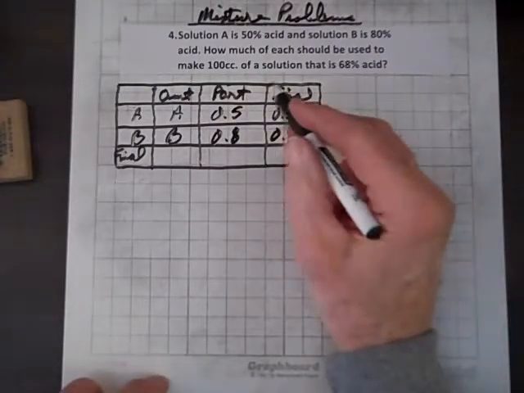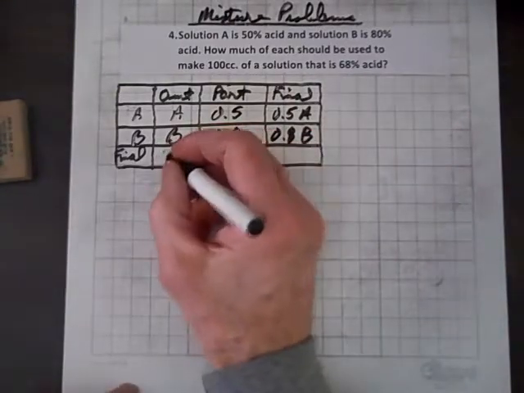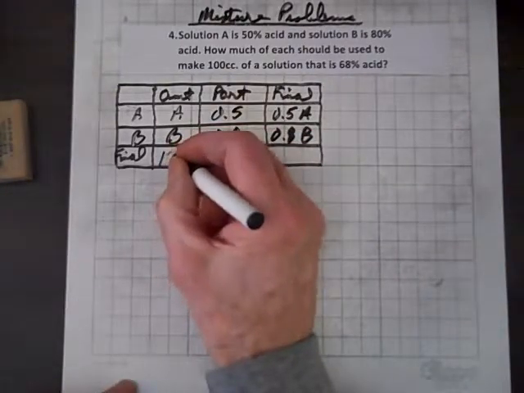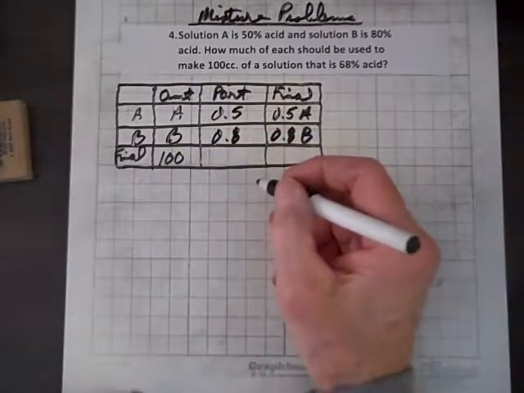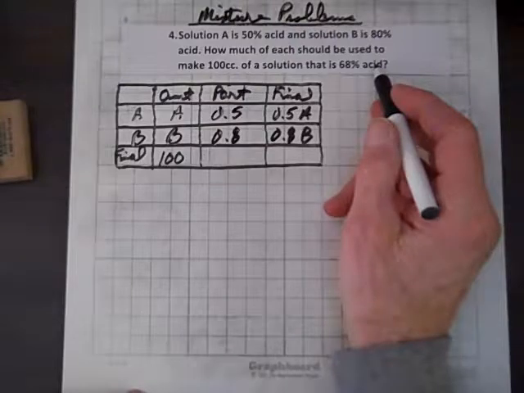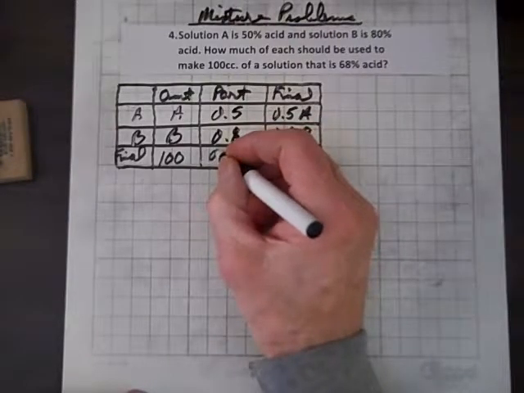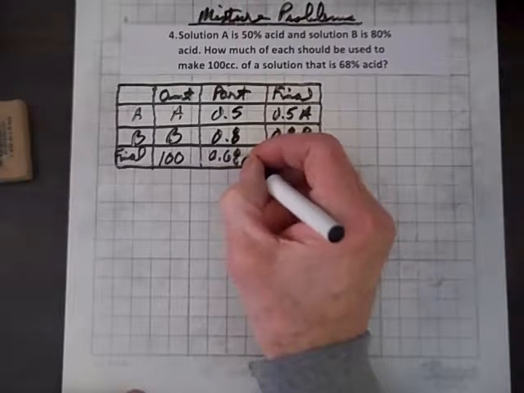And how much of each should be used to make 100 cc's? So our total volume is going to be 100 cc's when we're done. And the percentage of acid in this solution should be 68% or 0.68.